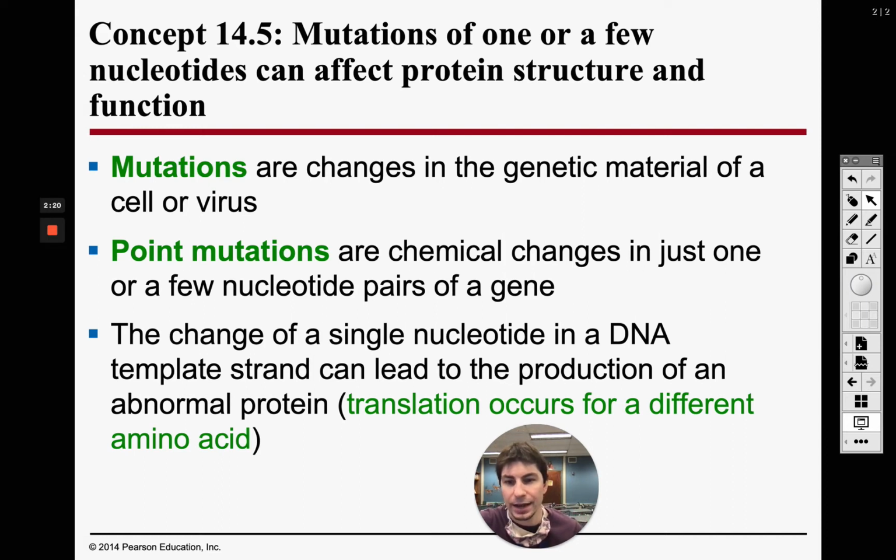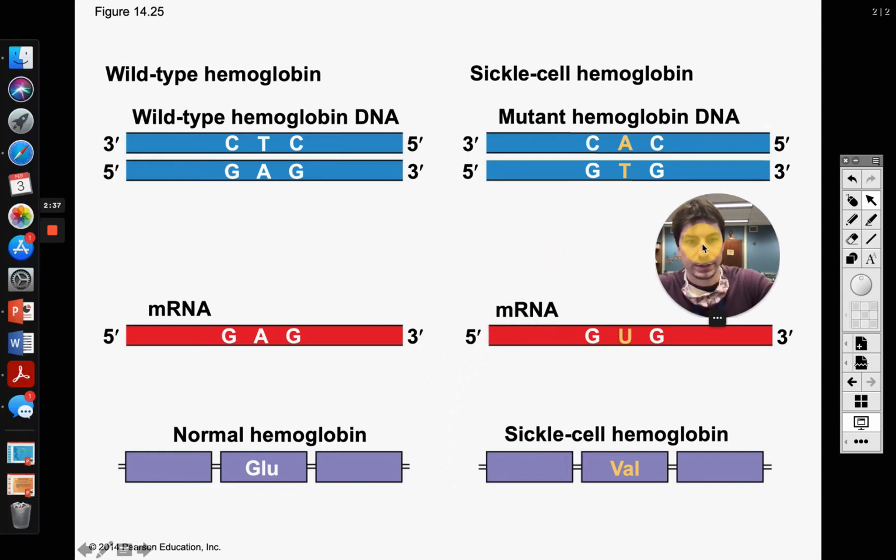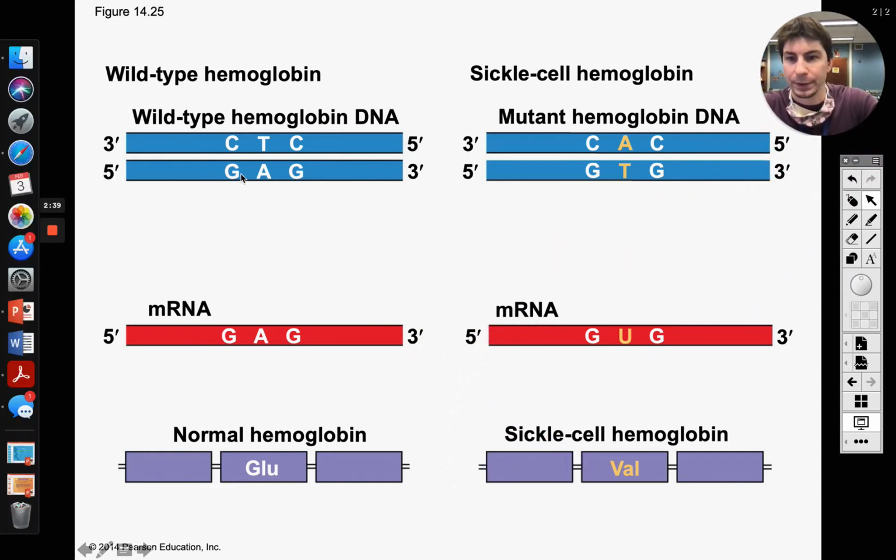This is where we will have a single nucleotide in DNA mutated. Maybe we had an A there and it gets mutated into a T. If you could see here, we have normal hemoglobin over here, and over here we have some kind of mutant hemoglobin.